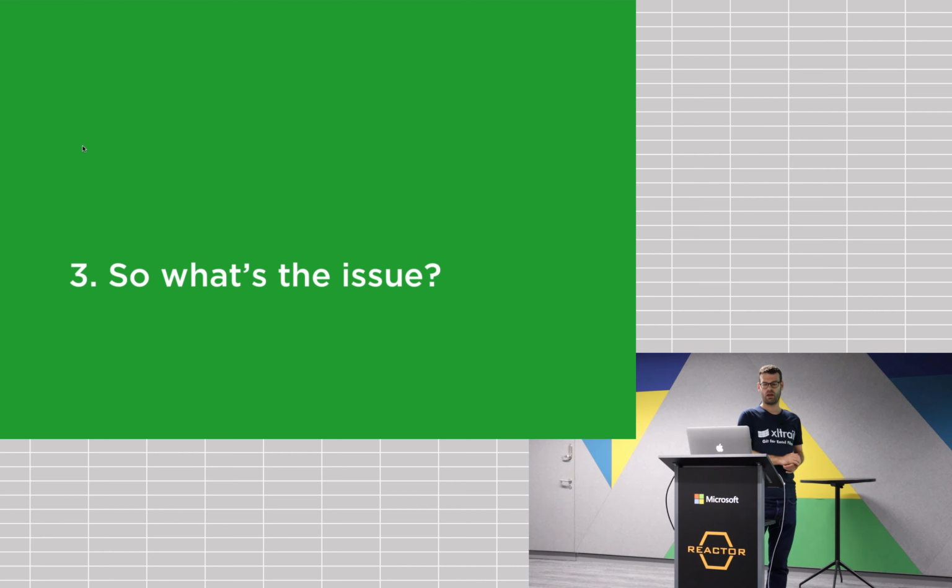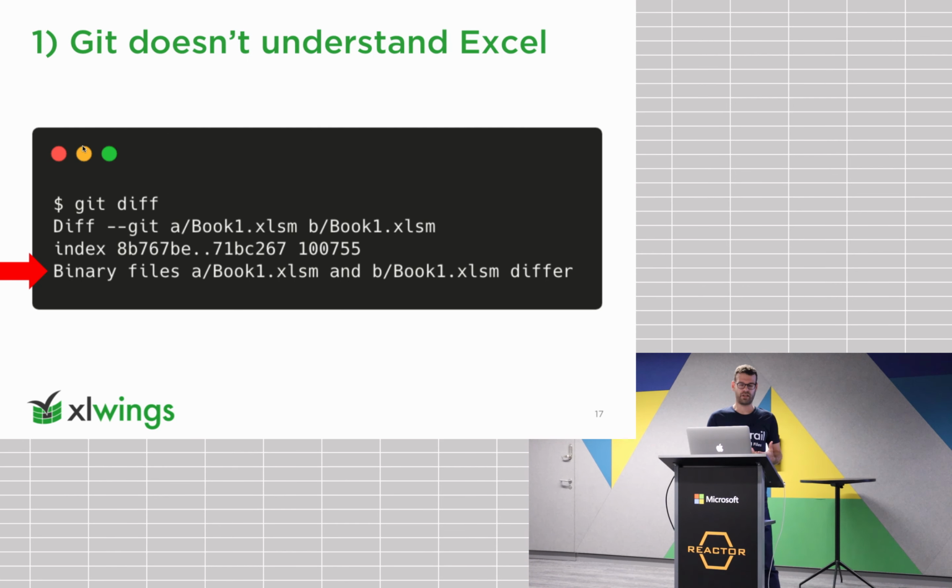And so where's the issue with all that if we use Excel workbooks? There are a couple of issues. First off, Git doesn't understand Excel workbooks. It gives you the message that the version A differs from the version B, but it doesn't give you more than that. It doesn't tell you what changed within the Excel workbook.